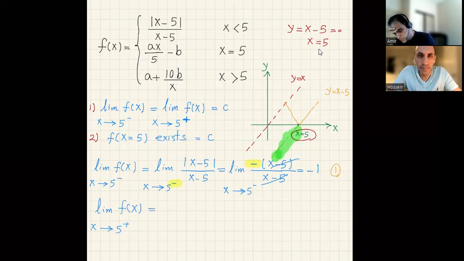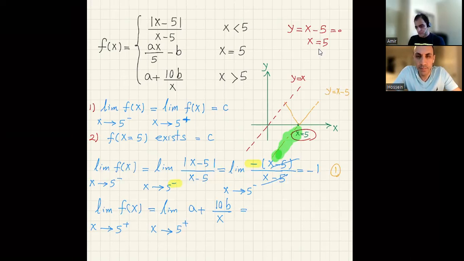So it's going to be the limit of a plus 10b over x, x approaches 5 from the right side. It's a simple function.